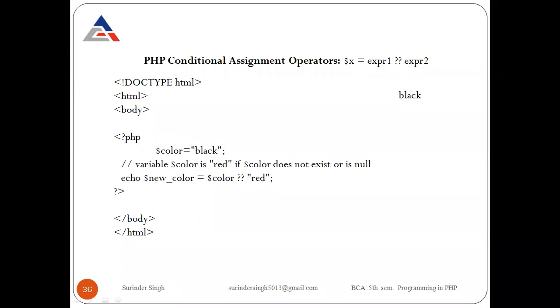In this example, we have the value black in the color variable, and here we are performing null coalescing. This is expression 1 and this is expression 2, and this operator will check if expression 1 is empty or not.